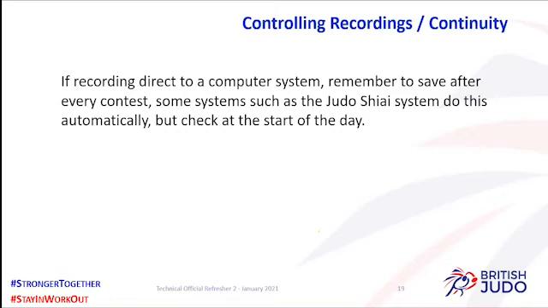Judo Shio, for example, will do this automatically, I'm told, but it's well worth whatever system you're using to check or confirm, in whichever way you're most comfortable with, that the saving of your entries is done a minimum of every match, because for sure, if you don't do it, it's going to cause you some problems later on in the event.